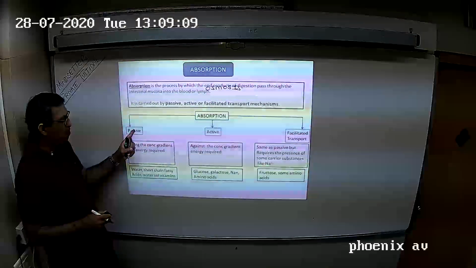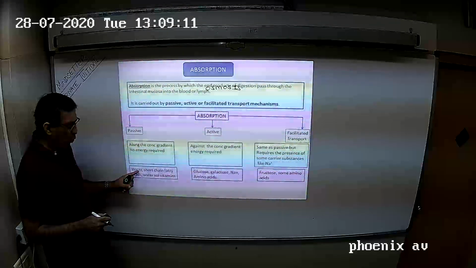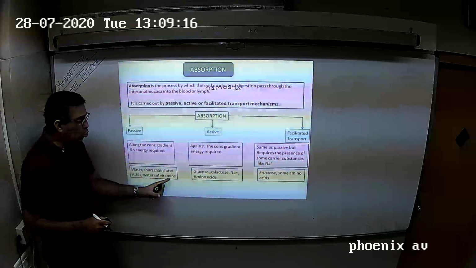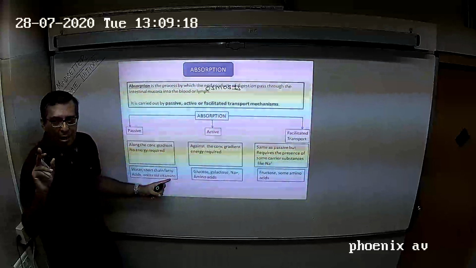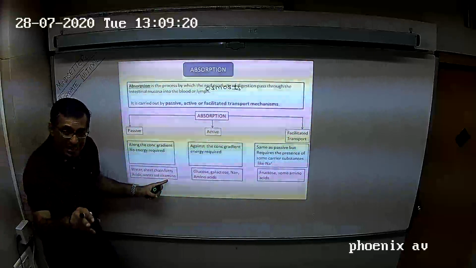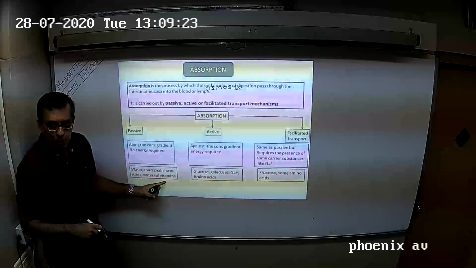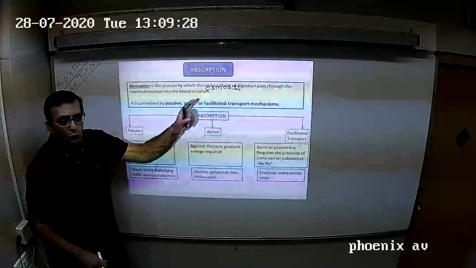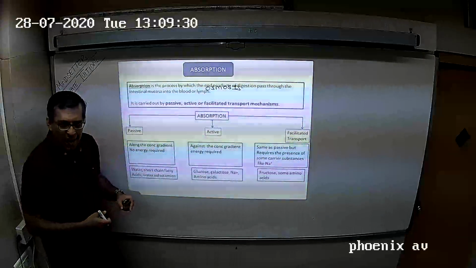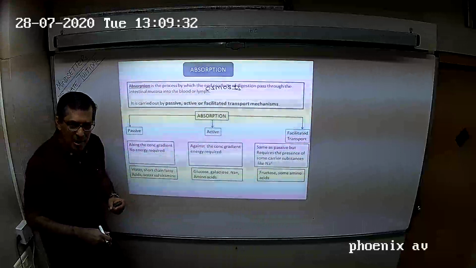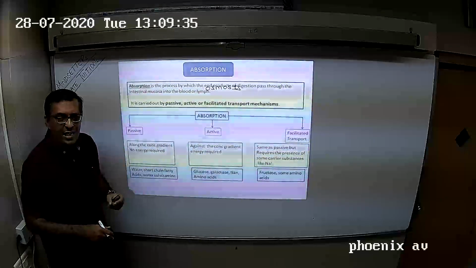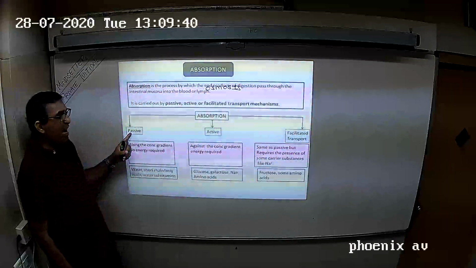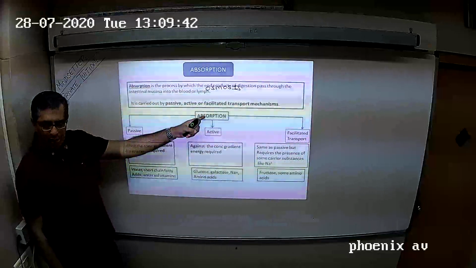And which substances undergo diffusion? Water undergoes passive absorption or diffusion, and along with water, water-soluble vitamins, vitamin B and vitamin C, also undergo diffusion, which is called passive absorption.